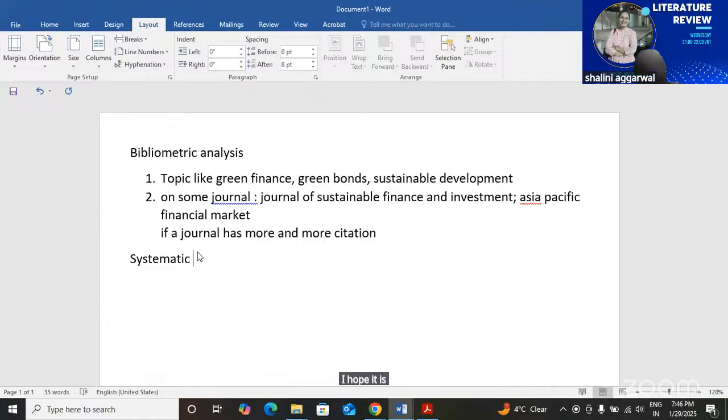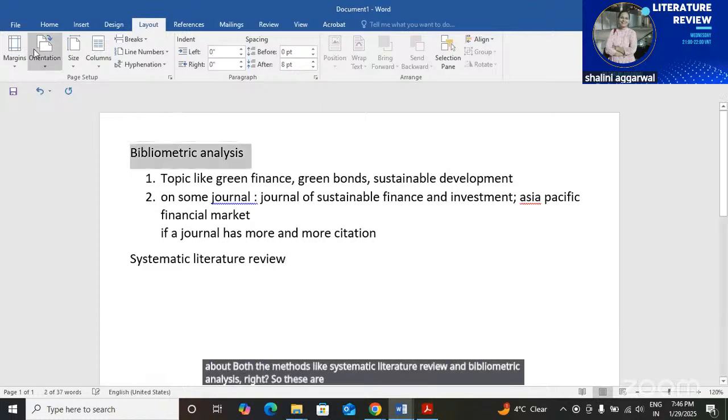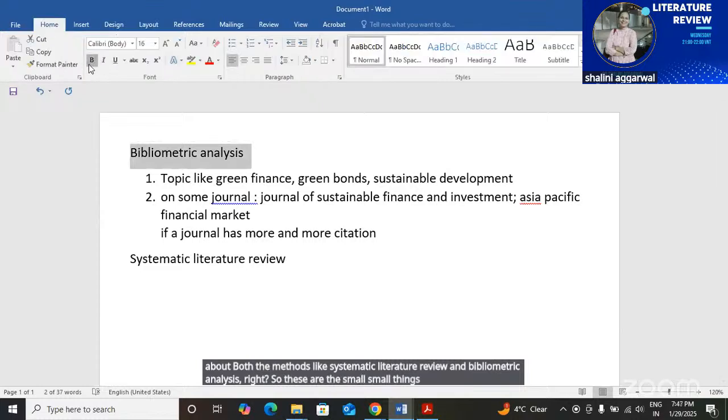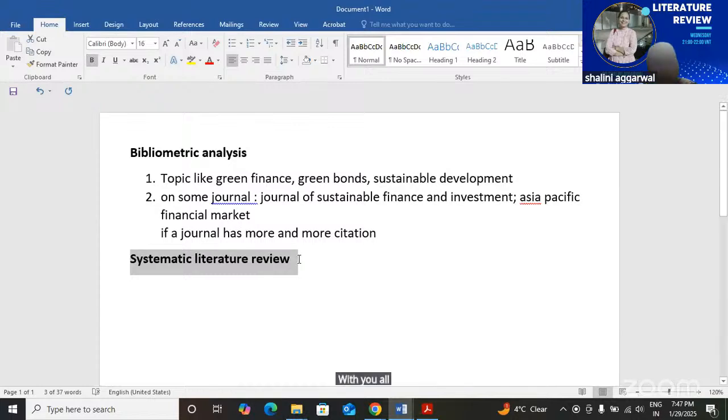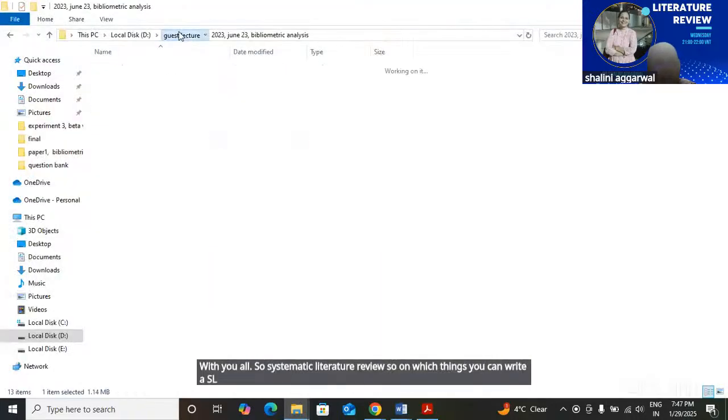I will be telling you all these small things about both the methods, systematic literature review and bibliometric analysis, right? These are the small things that were left behind, so I thought let me complete this with you all. So systematic literature review, on which things you can write an SLR paper.